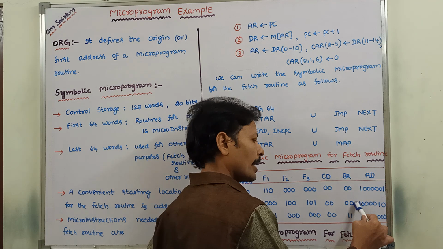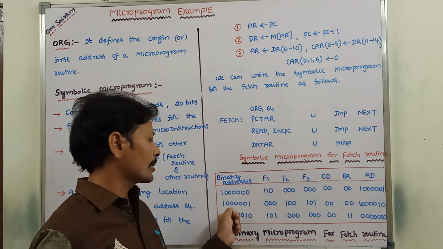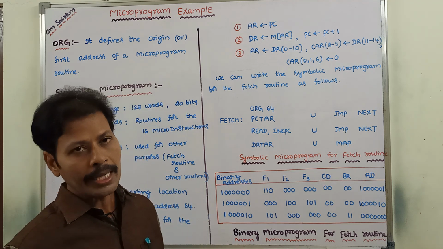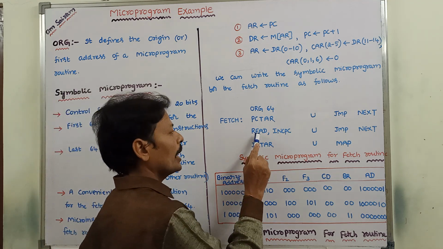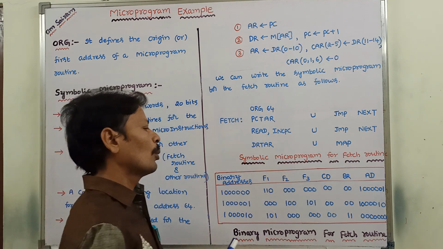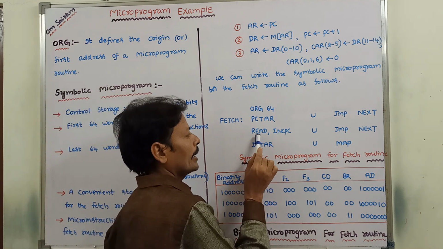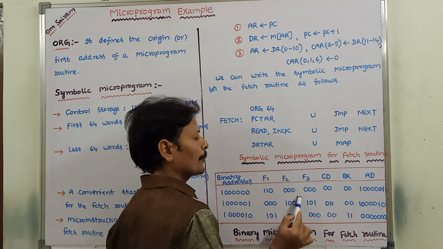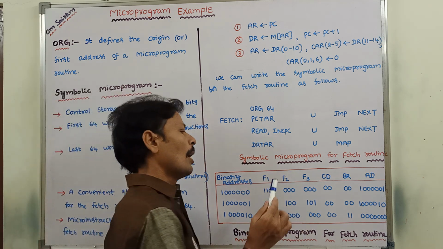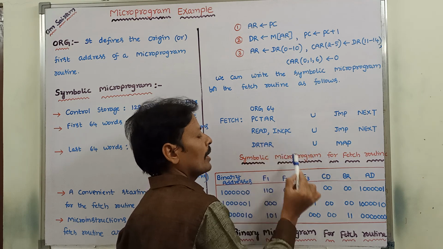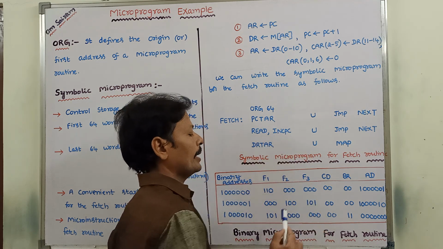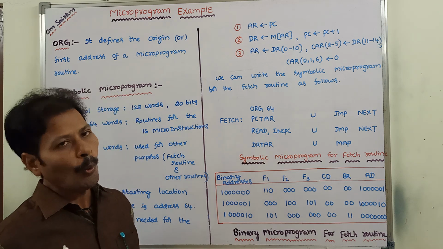Then what is the next address? Here this is 65, and the next address is 66. Here we have to perform 2 micro operations, so we are considering read micro operation from the F2 table. Its corresponding binary code is 100, and INCPC is available in the F3 field at binary code 101.